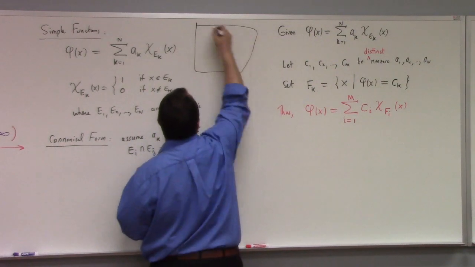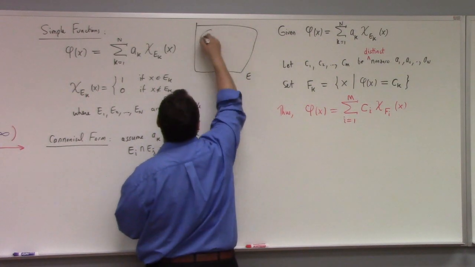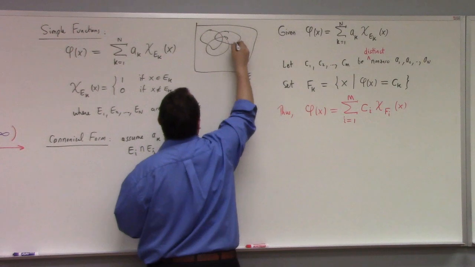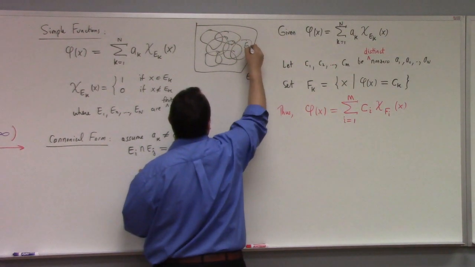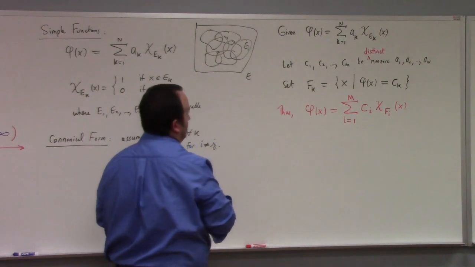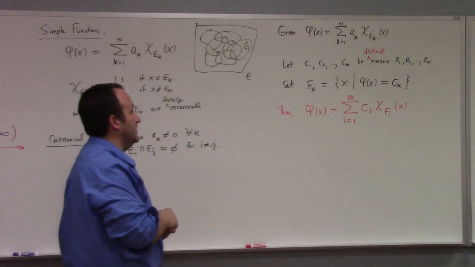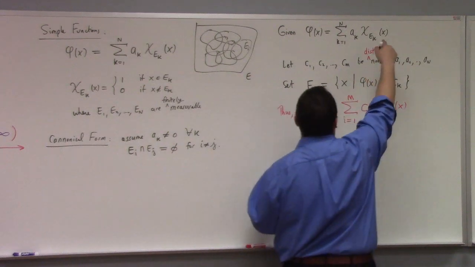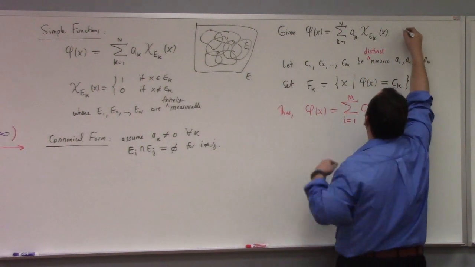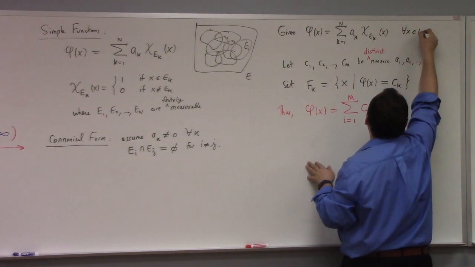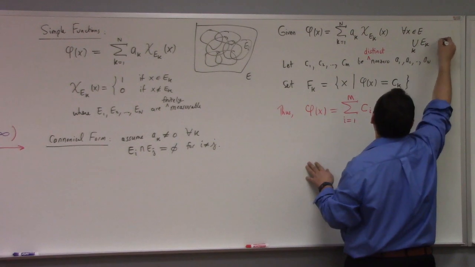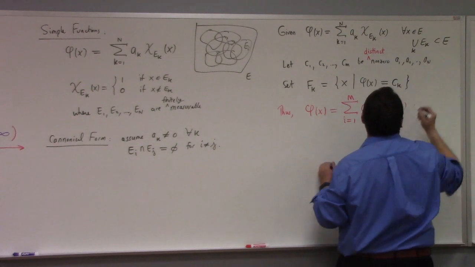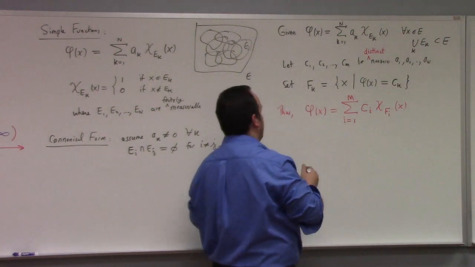This is E, and these are the E's. So for all x in E, where E contains the union over k of e k, certainly, right?